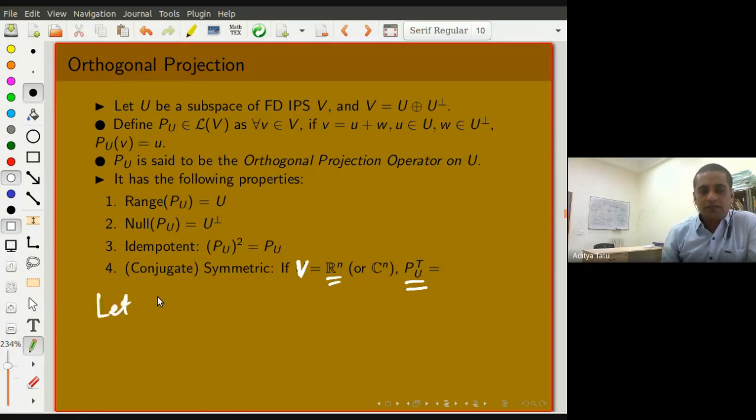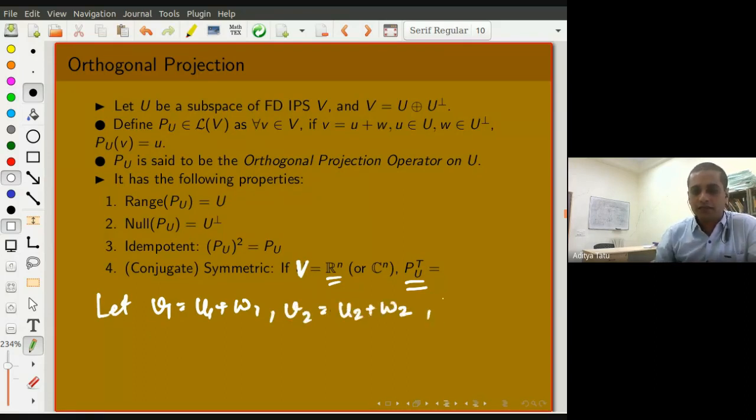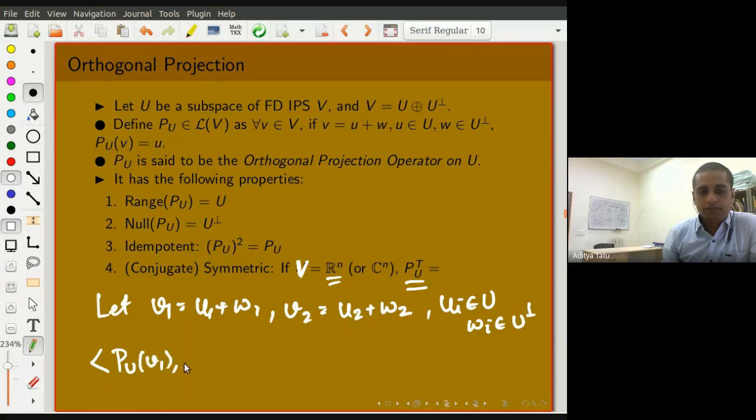Let v1 be u1 plus w1 and v2 be u2 plus w2, where the u's come from U and the w's come from U perp. What is the Euclidean dot product of PU v1 with v2?